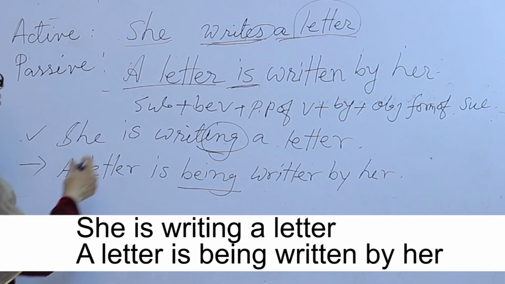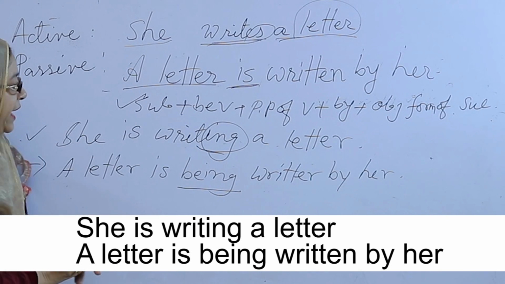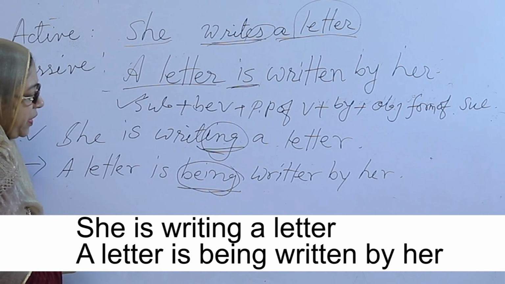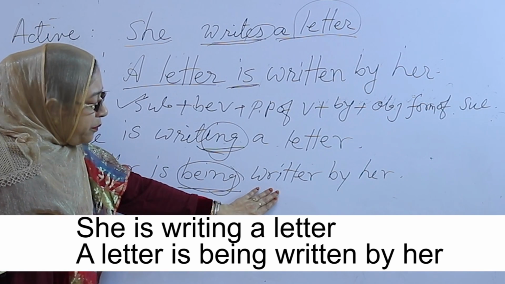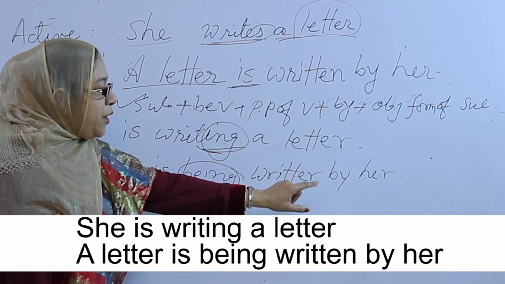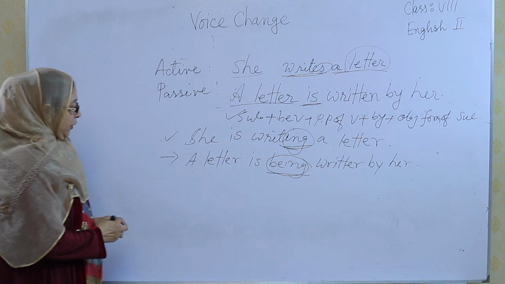So look at the structure, subject plus be verb, and we use being because it is a continuous form, and then past participle form of the main verb plus by plus objective form of subject.